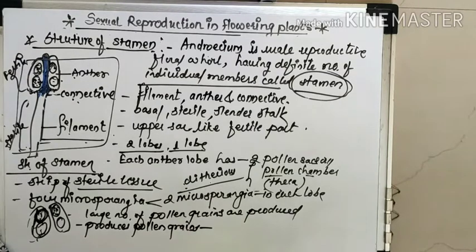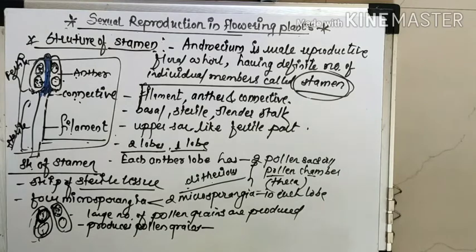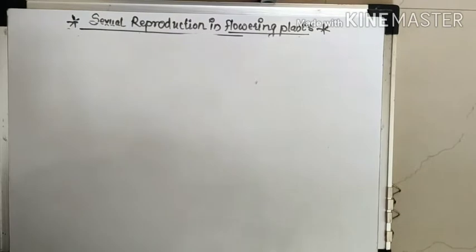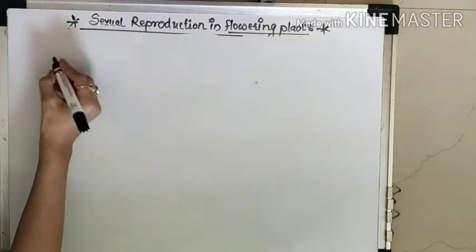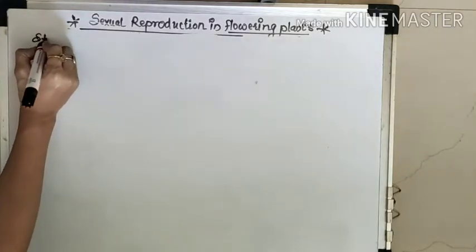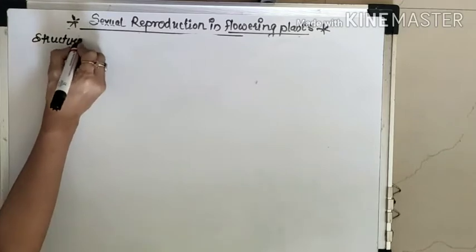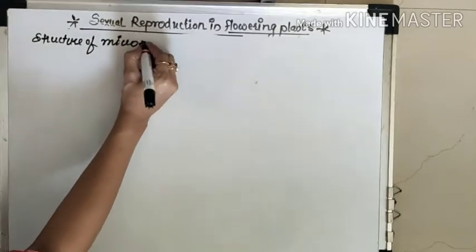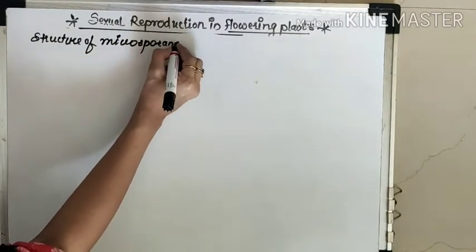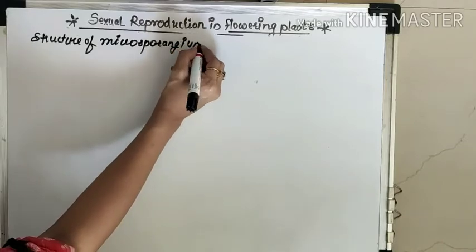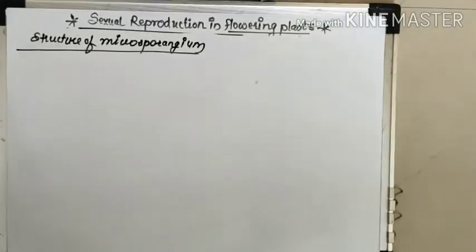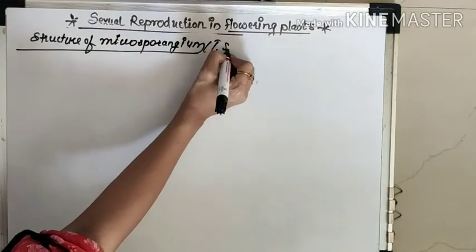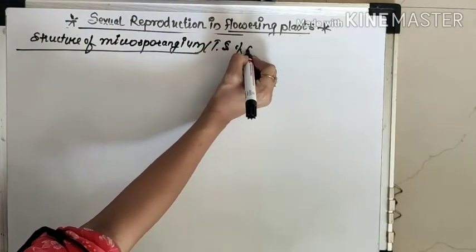This is also known as TS, the transverse section of anther.